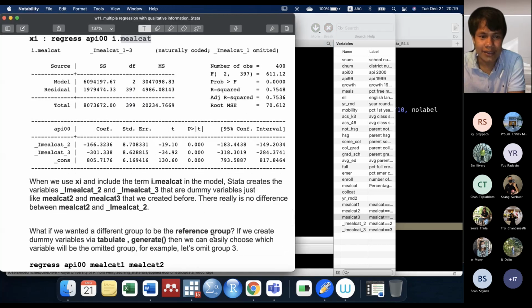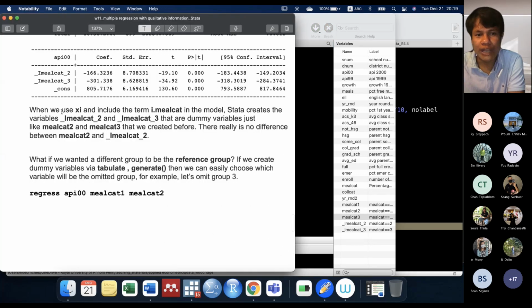All right. So when we use xi and we include the term i.meerkat in the model, Stata creates the variables _Imeerkat_2 and _Imeerkat_3 that are dummy variables just like meerkat2 and meerkat3 that we created before. There really is no difference between meerkat2 and _Imeerkat_2 here. The variables are the same.